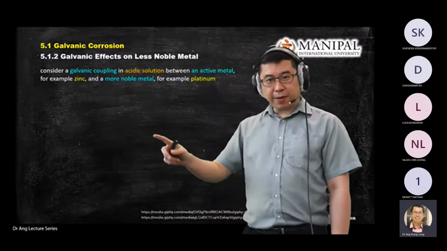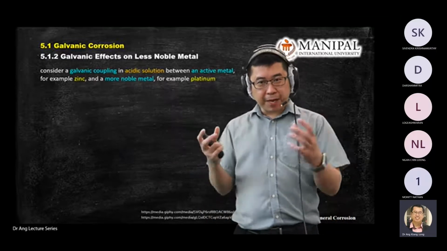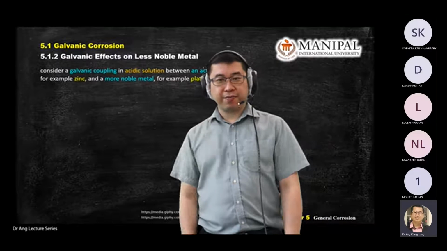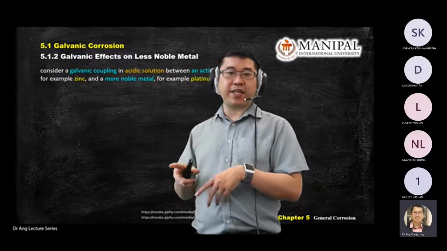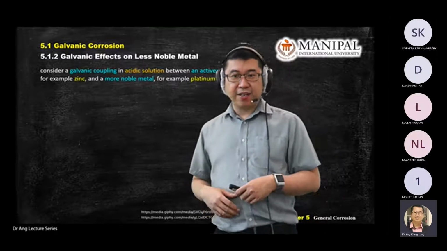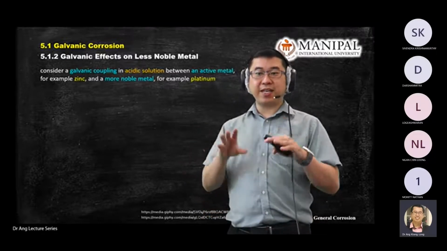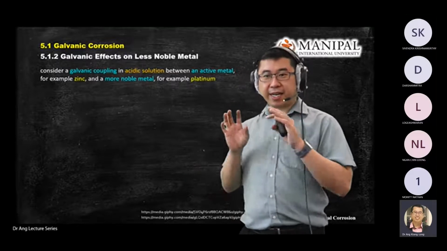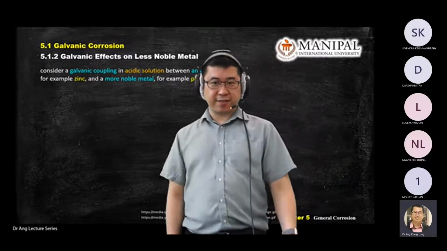So by looking at this statement, they are coupled together and put inside acid solution. That falls under chapter 5 content, where you have two metals put together in a solution in the same environment, and they are electrically connected.